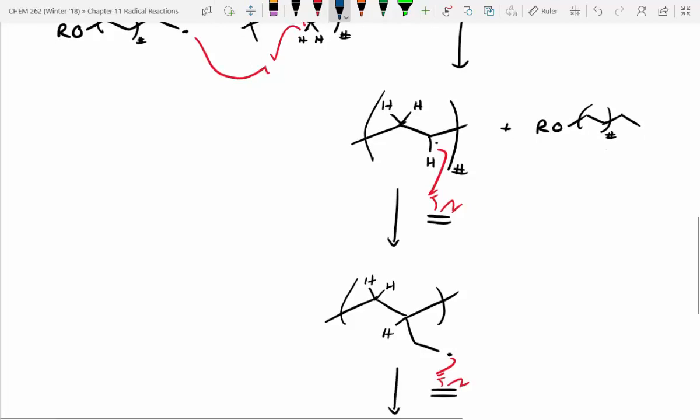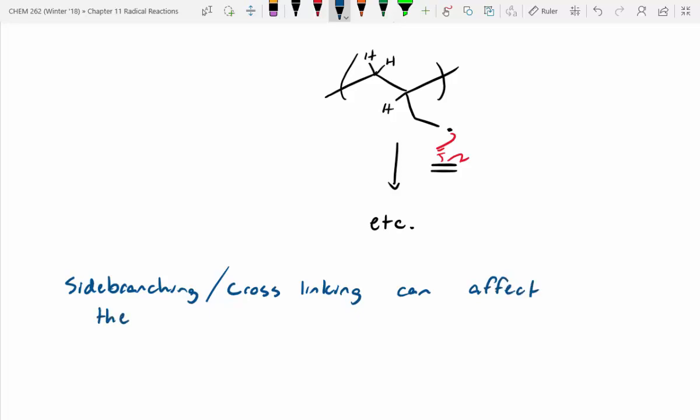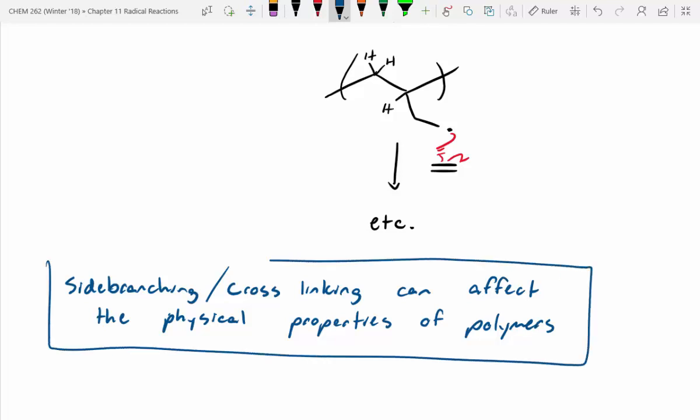The key takeaway from this is side branching or cross-linking can affect the physical properties of plastics. Does that make sense?